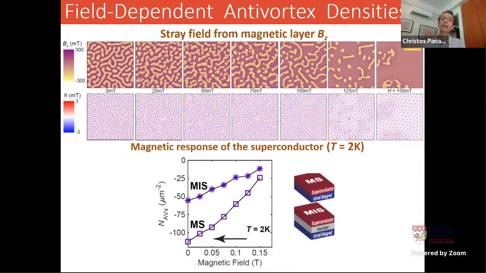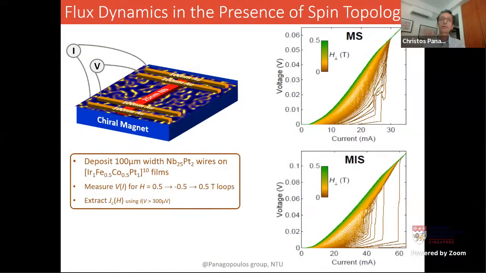Now let us look at the flux dynamics in these bilayer structures. To do this, we made niobium wires which we deposited on a continuous millimeter scale chiral magnetic film.